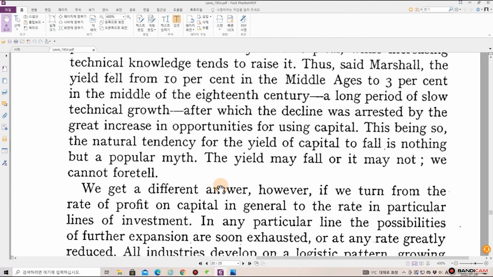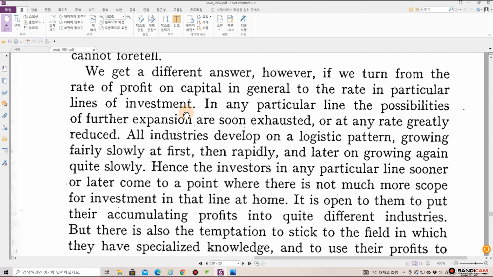A long period of slow technical growth, after which the decline was arrested by the great increase in opportunities for using capital. This being so, the natural tendency for the yield of capital to fall is nothing but a popular myth. The yield may fall or it may not. We cannot foretell.